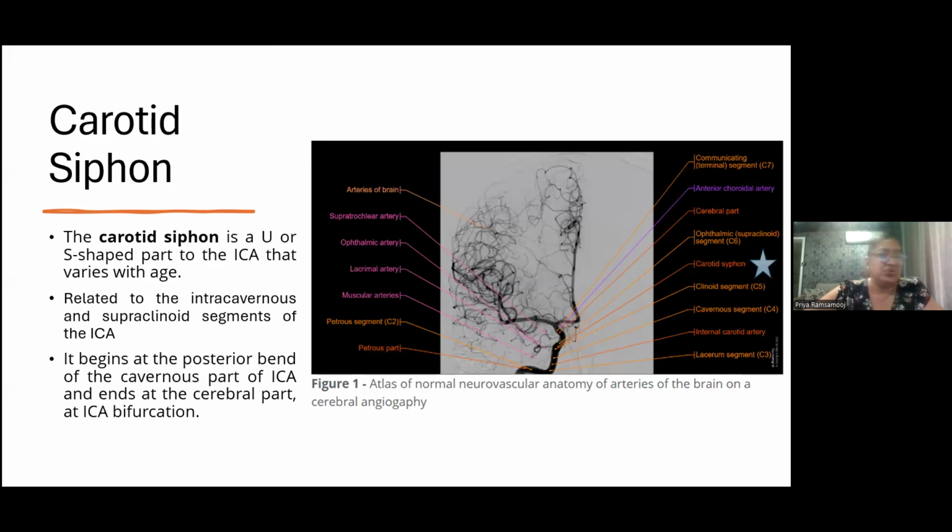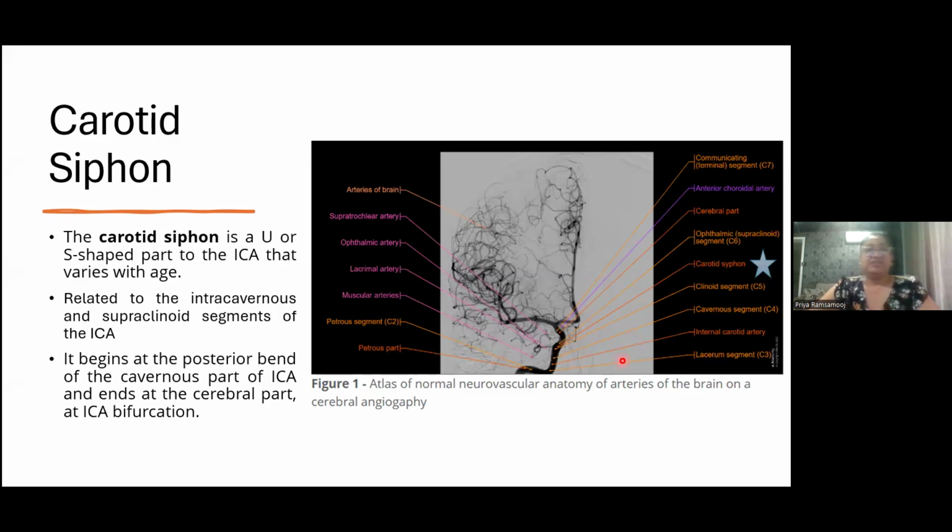It's a U or S-shaped part of the ICA that varies with age, and it begins at the posterior bend of the cavernous part of the ICA and ends at the cerebral part. When you really look at it, the star here really points to it, because there's a lot of orange signs here, right there, in that sharp bend, is your carotid siphon.